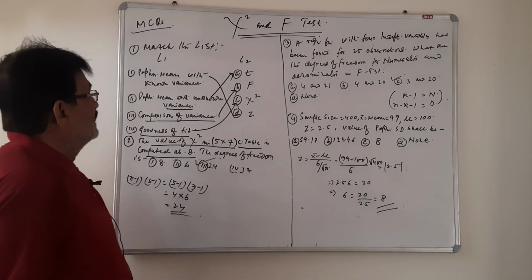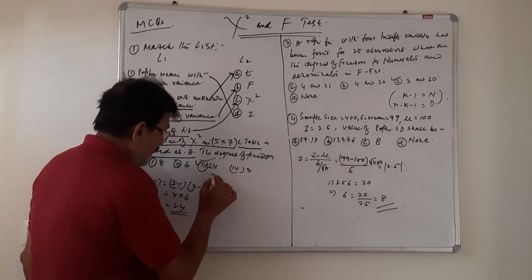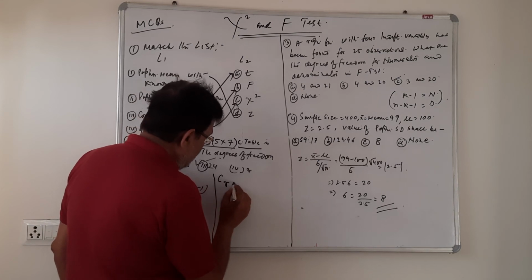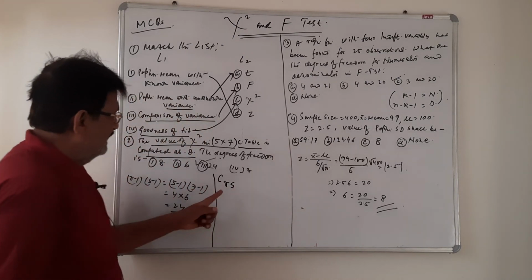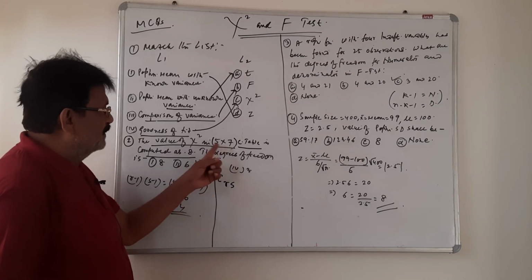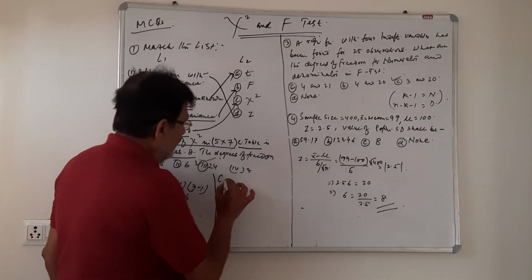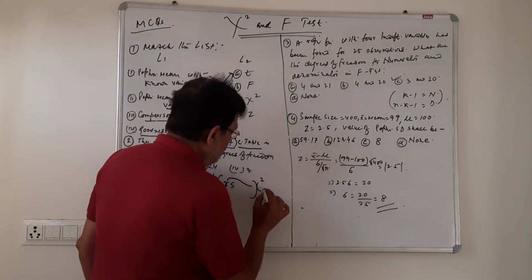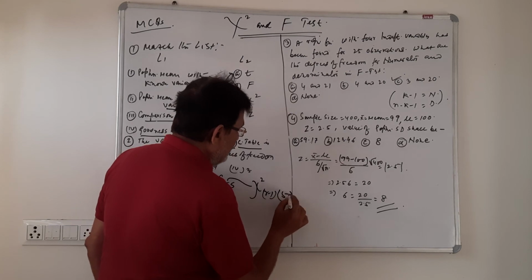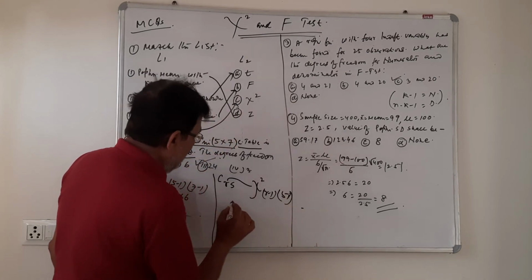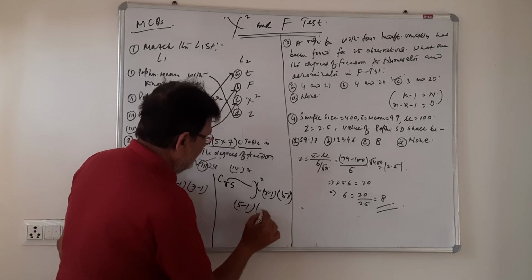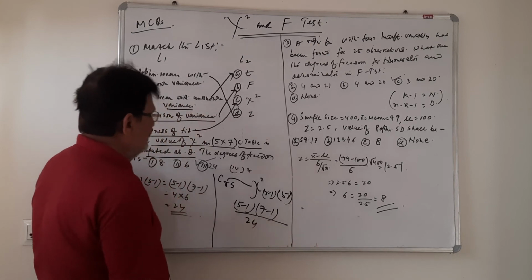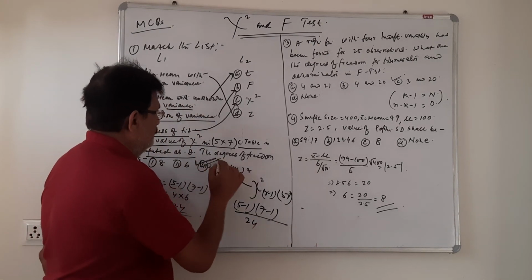Now, the degrees of freedom would be, as I had explained in yesterday's class, if the contingency table is of the order R into S, row into column, here 5 into 7, then chi-square follows R minus 1 into S minus 1 degrees of freedom. So here 5 minus 1 into 7 minus 1, so 4 into 6, and degrees of freedom would be 24.